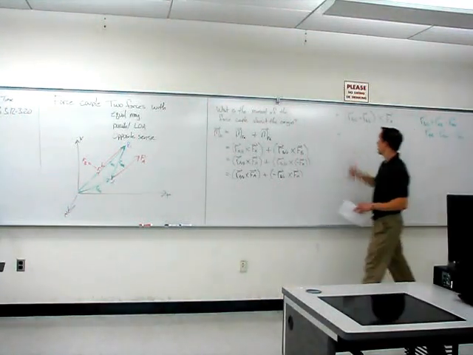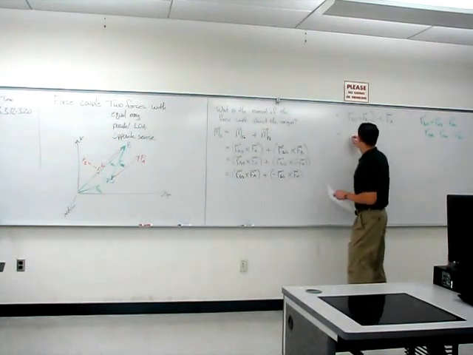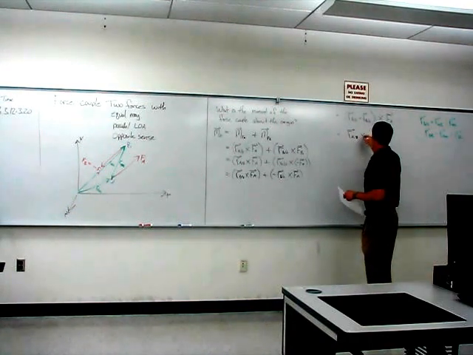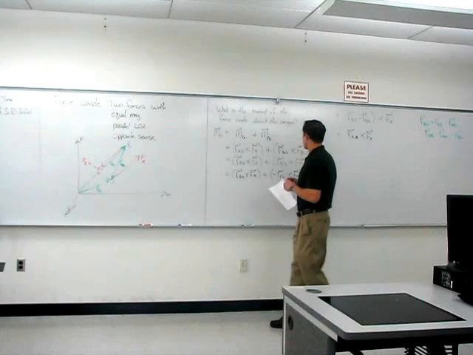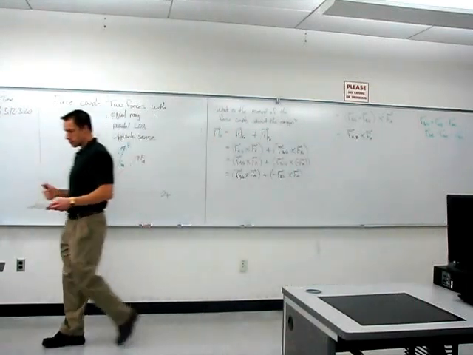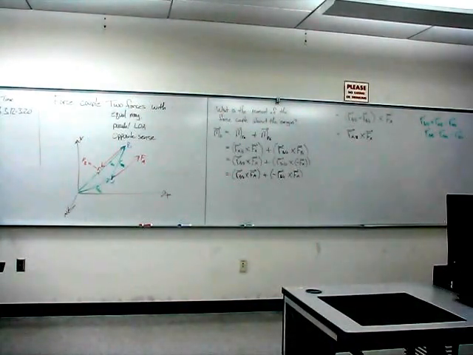I can replace the difference in the two position vectors with the position of A with respect to B vector, and then we have cross FA. So if I want the moment about the origin for my force couple, I get the position of A with respect to B cross the force at A.